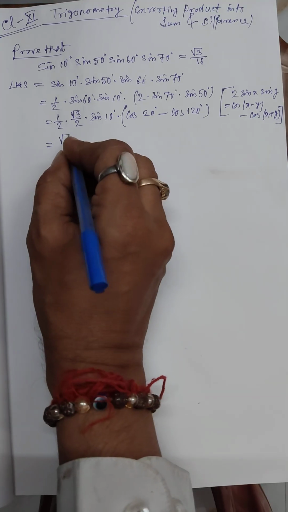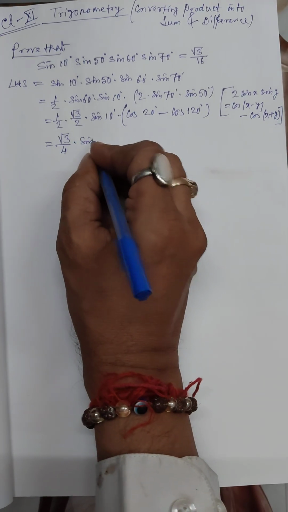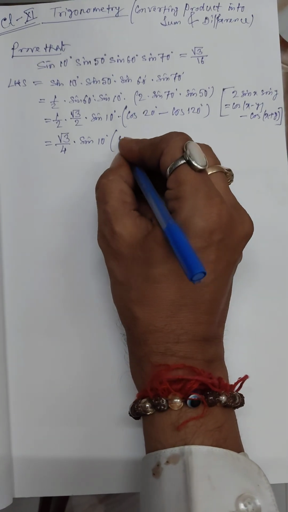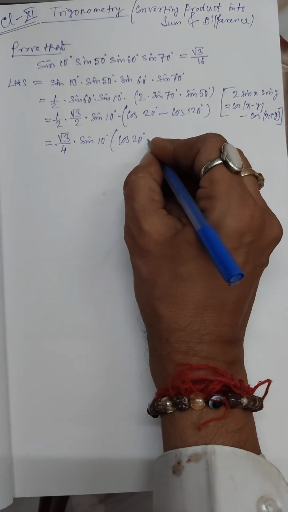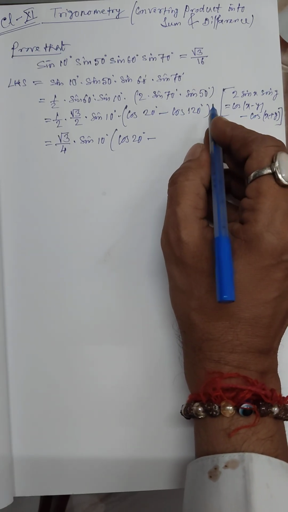Now, this is equal to root 3 by 4 sine 10 degree, into cos 20 degree minus cos 120.